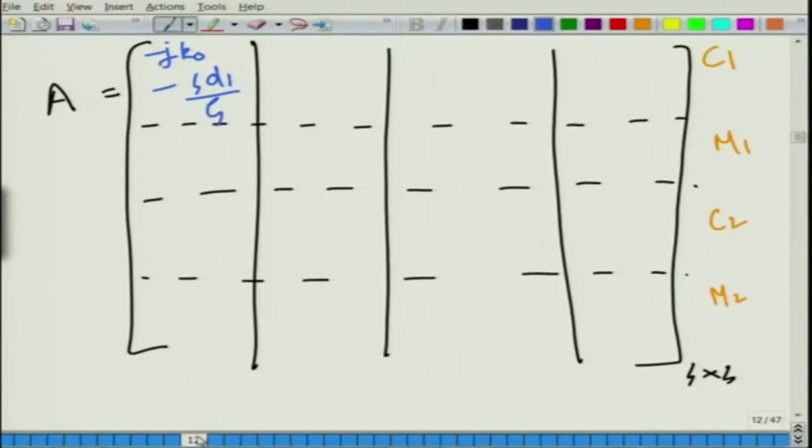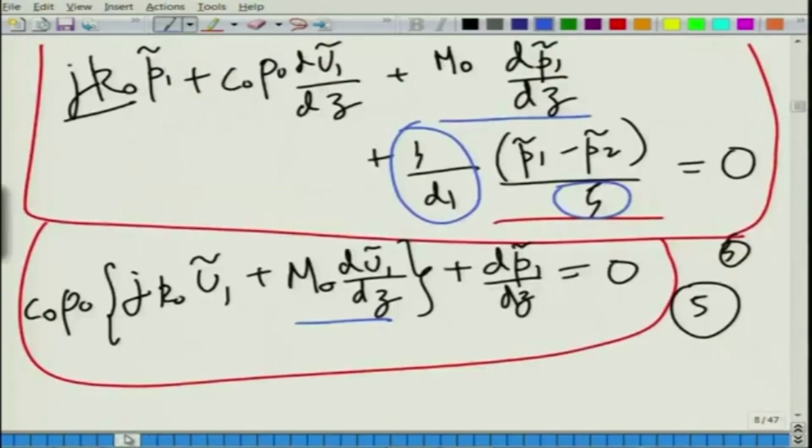Remember that the entire thing is going to be multiplied by P1, rho naught C naught U1, P2 and rho naught C naught U2. So, this is what will happen in here. Now, going back to slide 8, we are done with the P1 terms here.